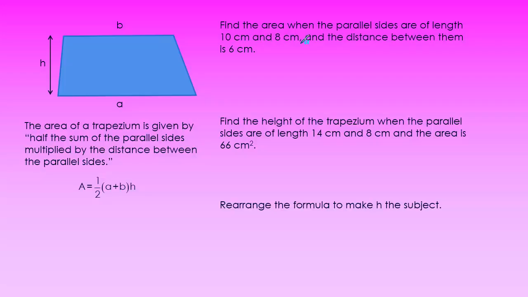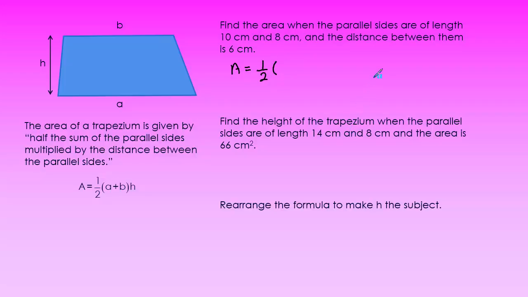We want to find the area when the parallel sides are of length 10 centimeters and 8 centimeters and the distance between them is 6 centimeters. So we're trying to find the area, and we just need to substitute into the formula.